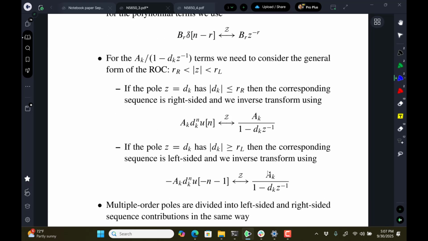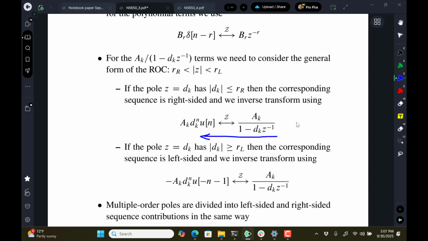So we already learned in the first examples of the Z transform how we would inverse Z transform. So we know how to go back over to here if the ROC for this particular term is right-sided, so it's the magnitude of z greater than the magnitude of dk.